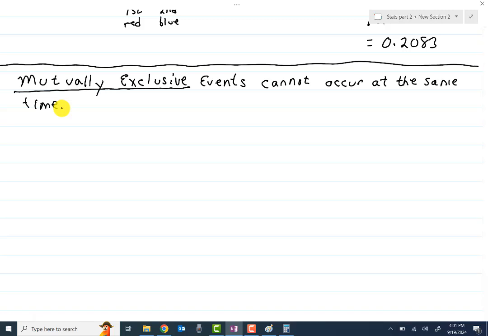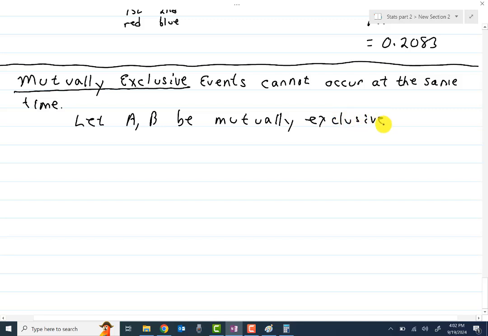What we have mathematically, suppose, let A and B be mutually exclusive. What that means is that A and B is the empty set, and the probability of A and B equals 0. So when you put A and B in here, you ask, what's the probability that A and B are true at the same time? Well, we know they can't be, since they're mutually exclusive.